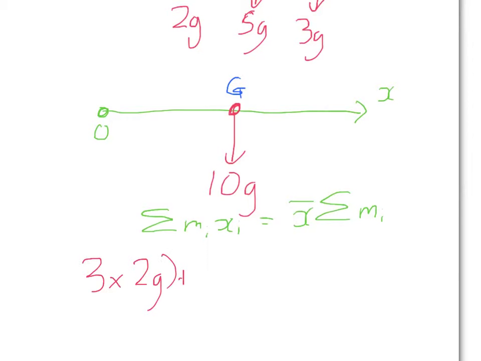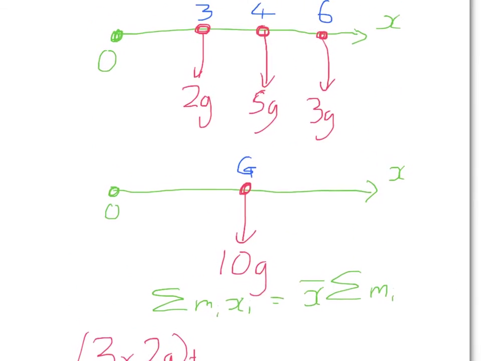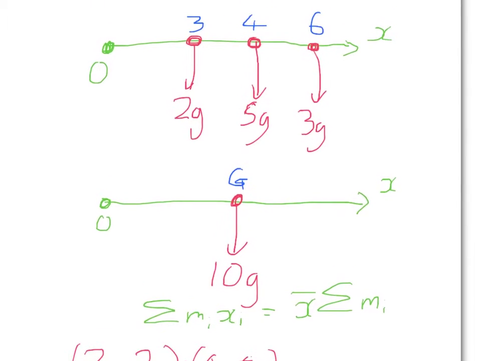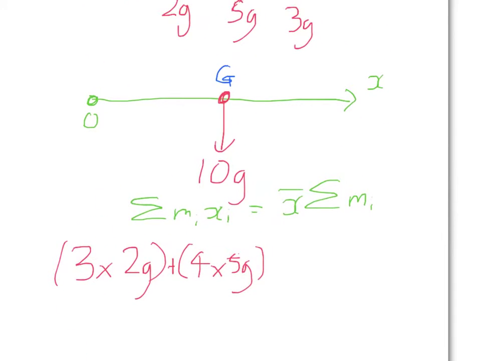The next one was 4 times 5g. And finally we had 3g times 6. And on the other side of our equation we've got the centre of mass times the sum of all of our masses, which was 10g.